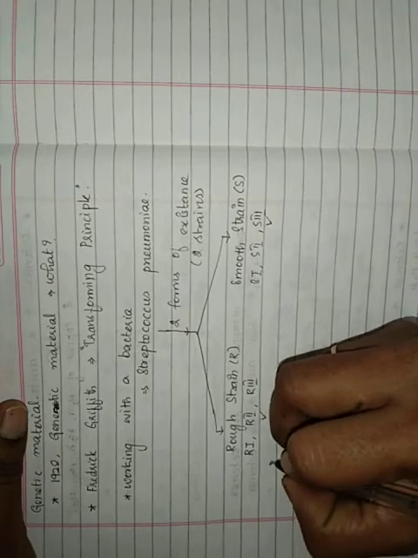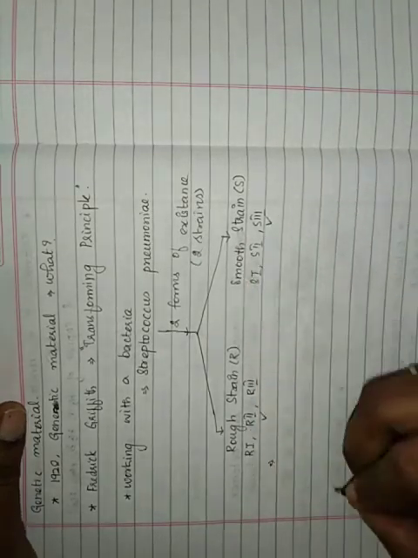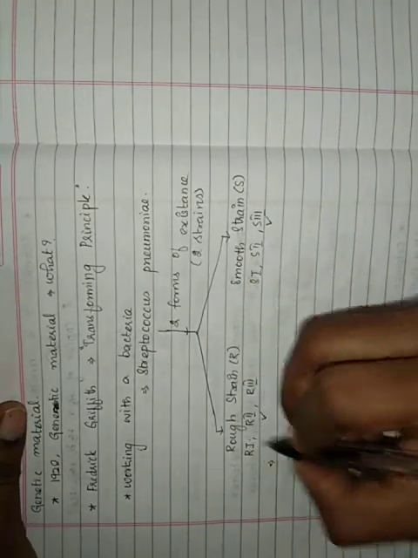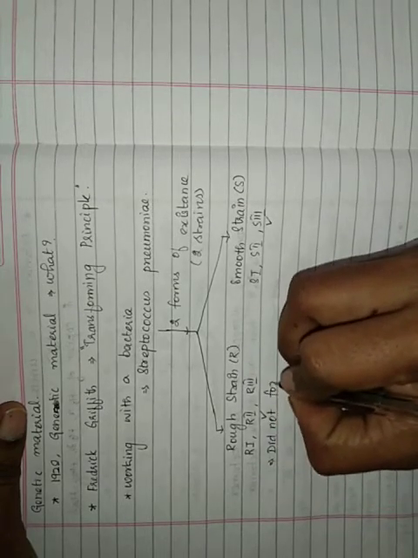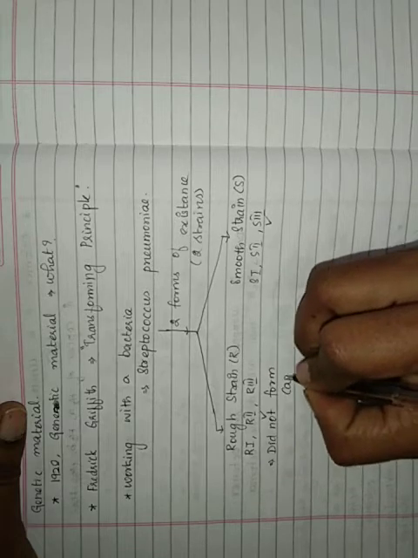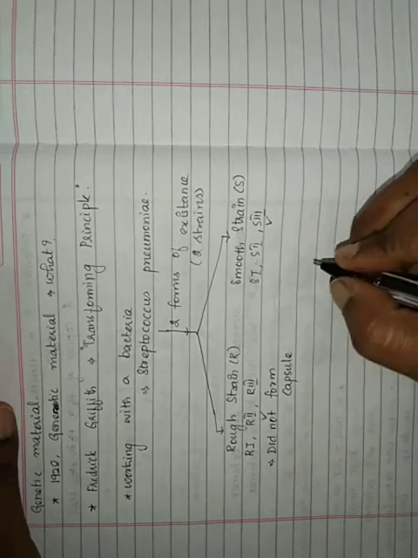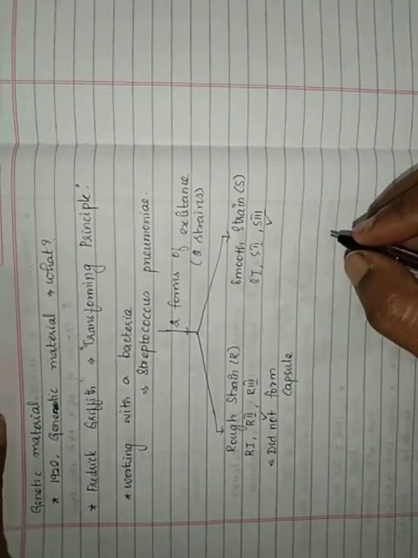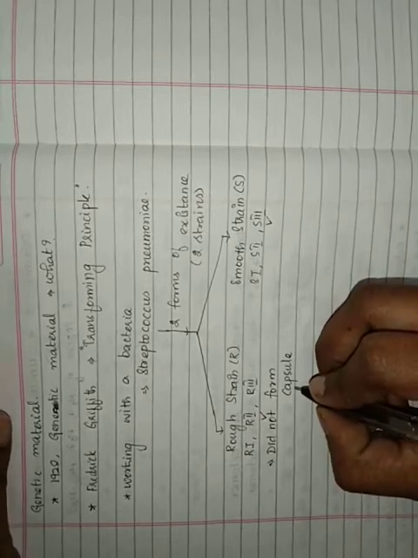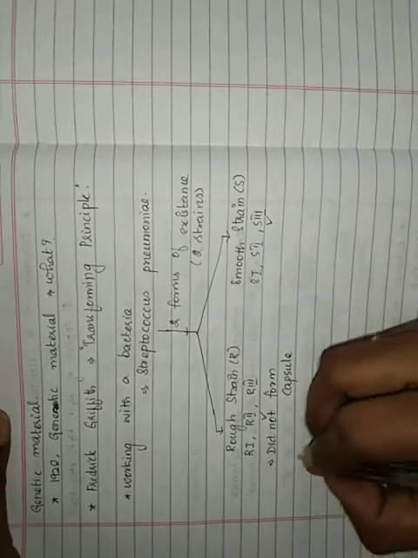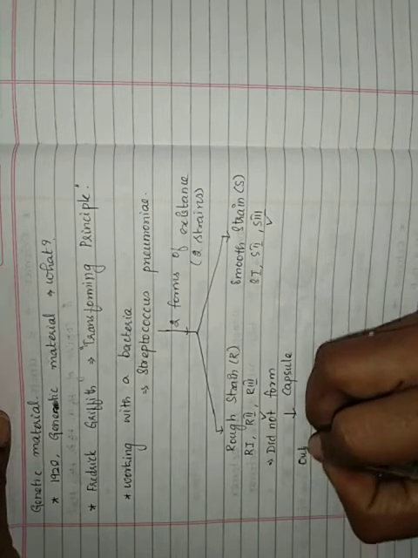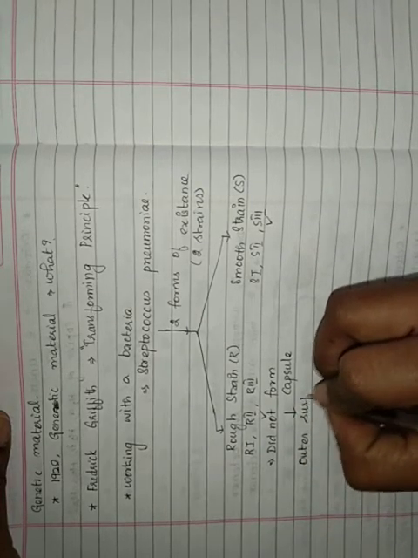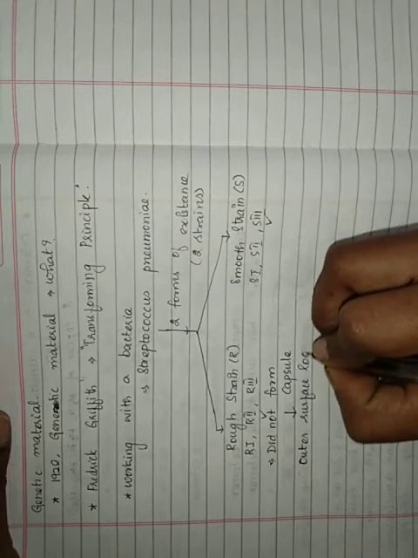And what was the difference? The names rough and smooth were given because the rough strain did not have any capsule. A capsule is a layer found outside the cell wall of the bacteria, and because there was no capsule, their outer surface looked rough.